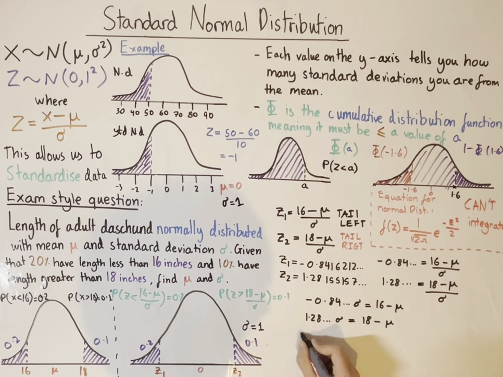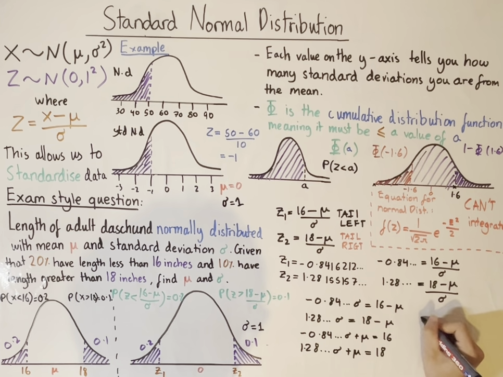We then add mu to both sides, so 0.84 sigma plus mu equals 16, and it's the same here, equals 18. We can then use a simultaneous equation function on our calculator, which means that we get a standard deviation of 0.942 and a mean of 16.792.